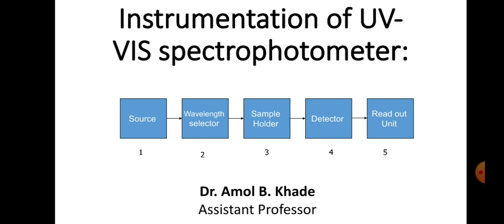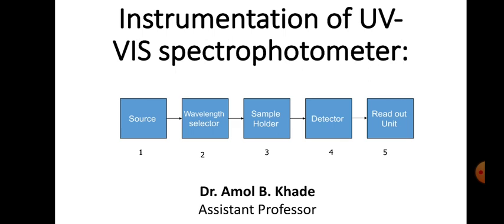So in today's session we will be discussing the instrumentation of the UV visible spectrophotometer. A spectrophotometer is an instrument or device which is used to measure the absorbance of light. We have the sample, and this sample absorbs UV light or visible light.